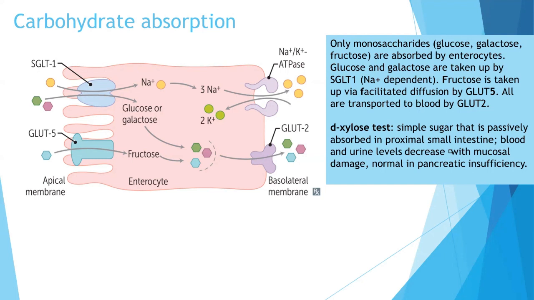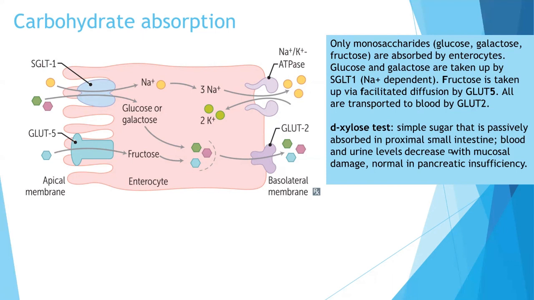When we give the patient D-xylose, it cannot be absorbed through the damaged mucosa, and ultimately the blood and urine levels of D-xylose will decrease because it is not getting absorbed, and that tells us that the mucosa is damaged in the patient. But D-xylose is generally normal in individuals with pancreatic insufficiency, because it is involved in passive transport, so it does not need any enzymes from the pancreas.